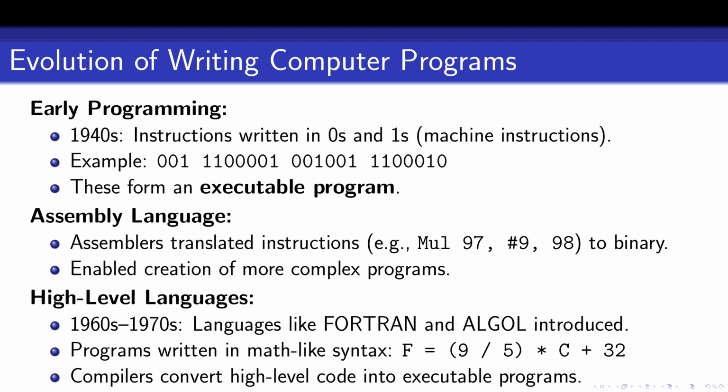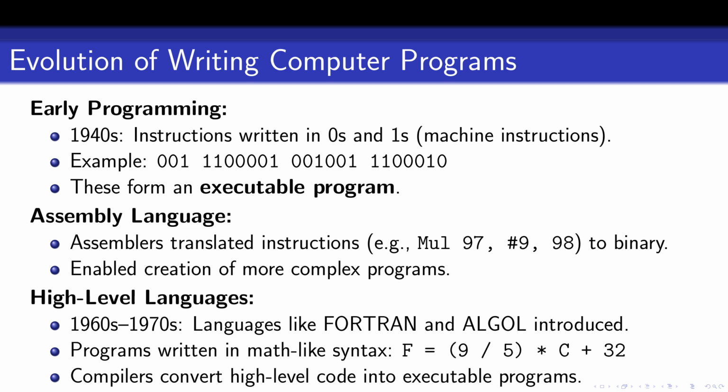But as computers got more capable, it became clear that humans needed a more readable way to code. That led to assembly language, where instructions like mul 97, 9, 98 replaced raw binary with something easier to understand. Assemblers were then used to translate this readable code into machine instructions.